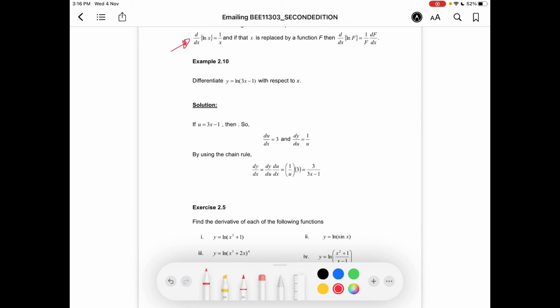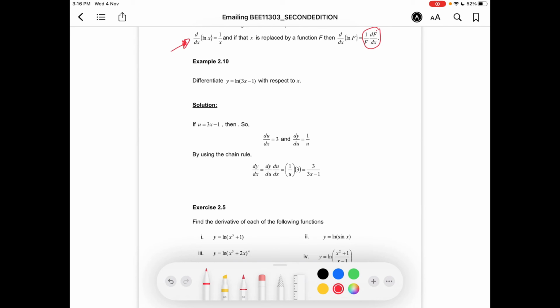So when you differentiate ln x, you will get 1 over x. And if there is a function f, ln f, then we differentiate it. This is the formula for it.